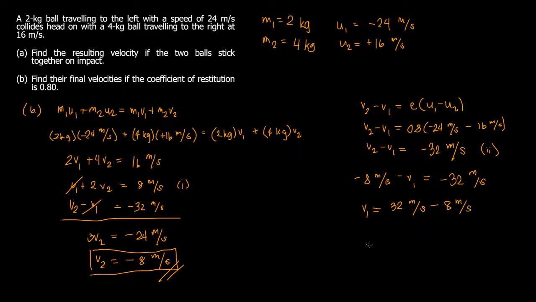So that's gonna be v sub 1 is equal to 24 meters per second. So that's our answer for the final velocity of object number 1. So ayan ang ating sagot.